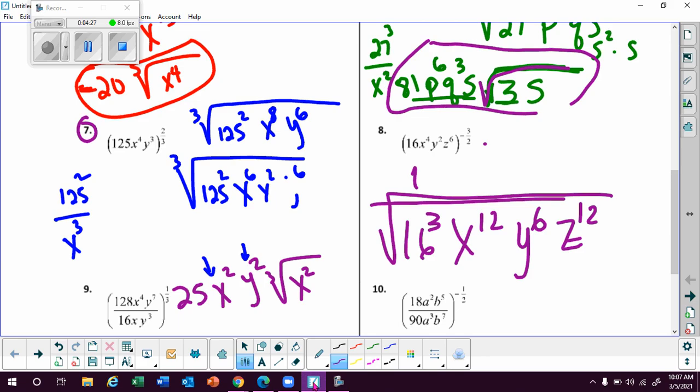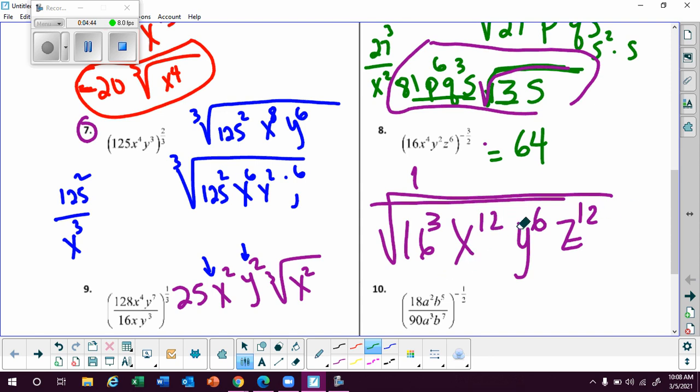So what I have for the first one, I'm just going to write it here. So this is the answer. The square root of 16 cubed is 64, right?